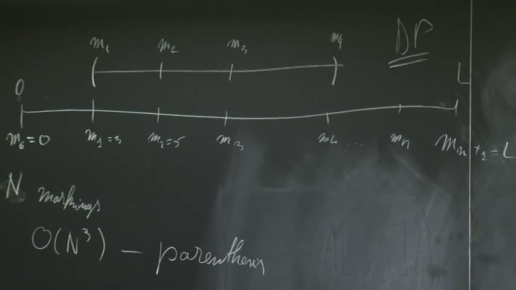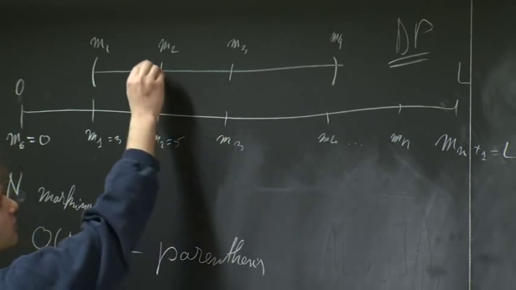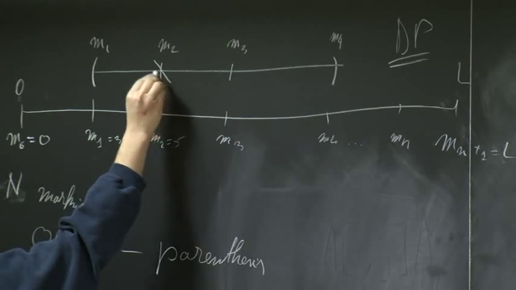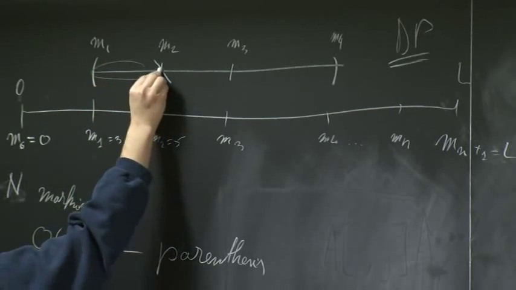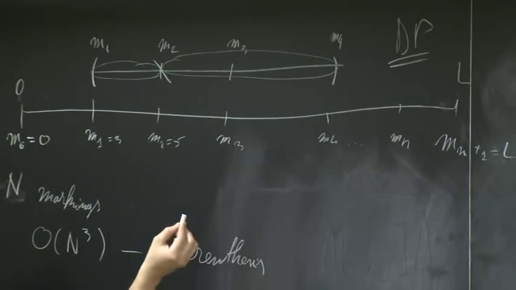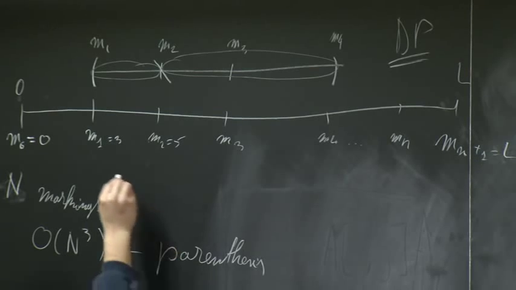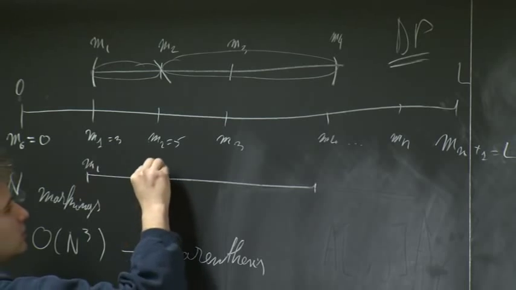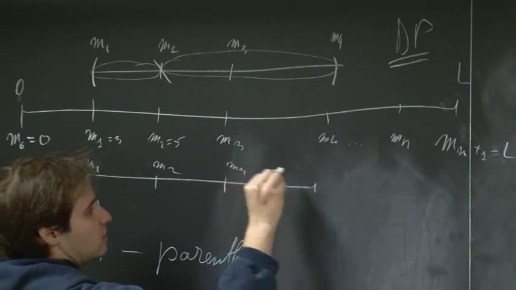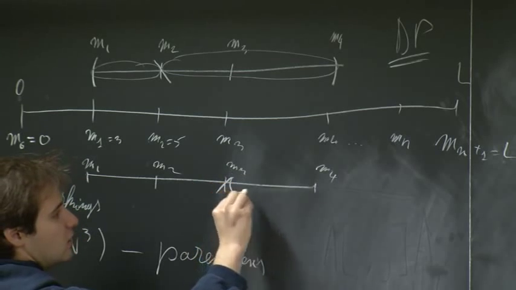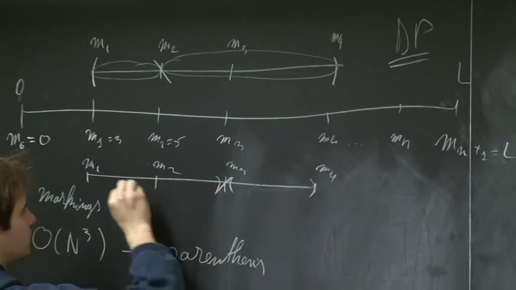Exactly. So in order to cut this up, I can either make a first cut at M2, and then I recursively cut this and cut this. Or the other alternative is take the same guy, M1, M2, M3, M4, cut it at M3, and then recursively cut this and recursively cut this.